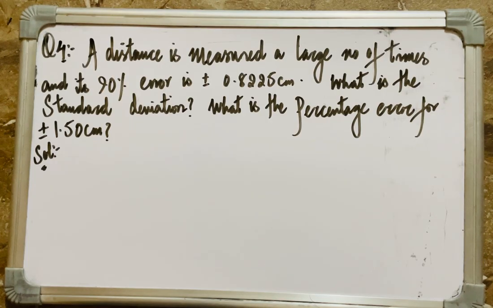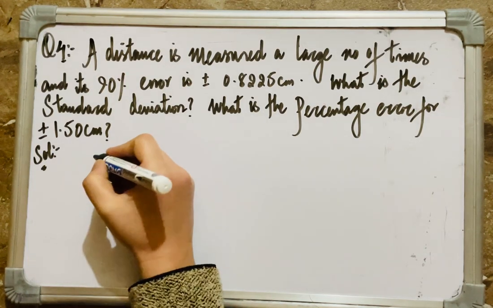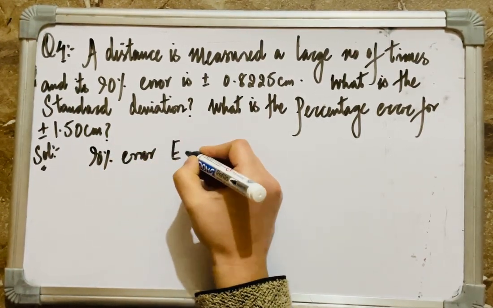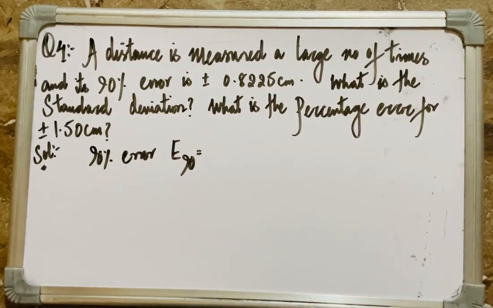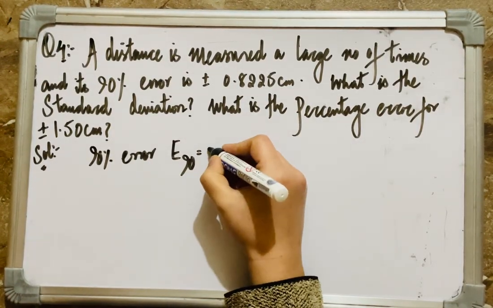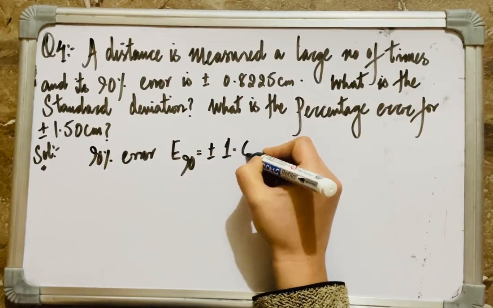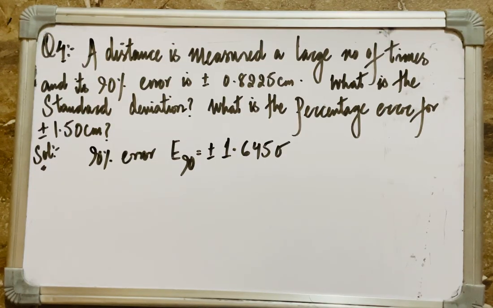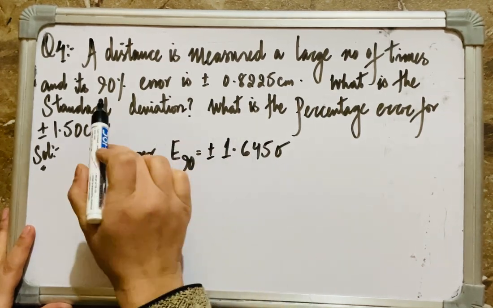All right. 90% error is expressed as E90, and it is equal to plus minus 1.645 times the standard deviation. And what is the question saying?